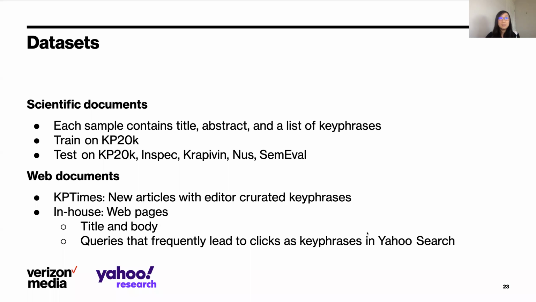So we look at the queries that often lead to a click to a given page, and we assume that basically means the query itself is very relevant to the page content. So we consider these queries as the ground truth key phrases, and this query itself could be present and also be absent.